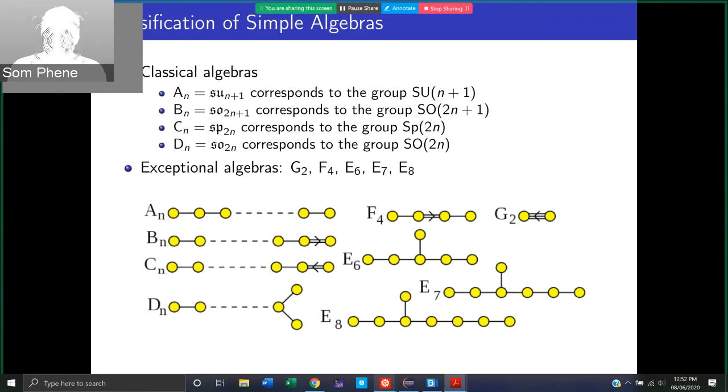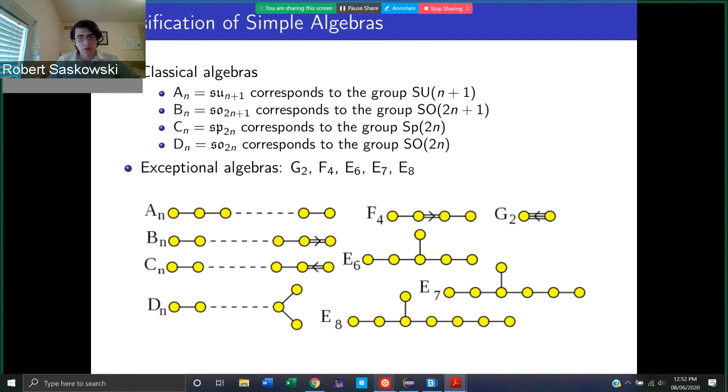Like what is the cutoff? Well, so we can classify algebras just by writing down any Dynkin diagram we want, and then we either show that it's consistent or inconsistent. I'm not super familiar with that process.